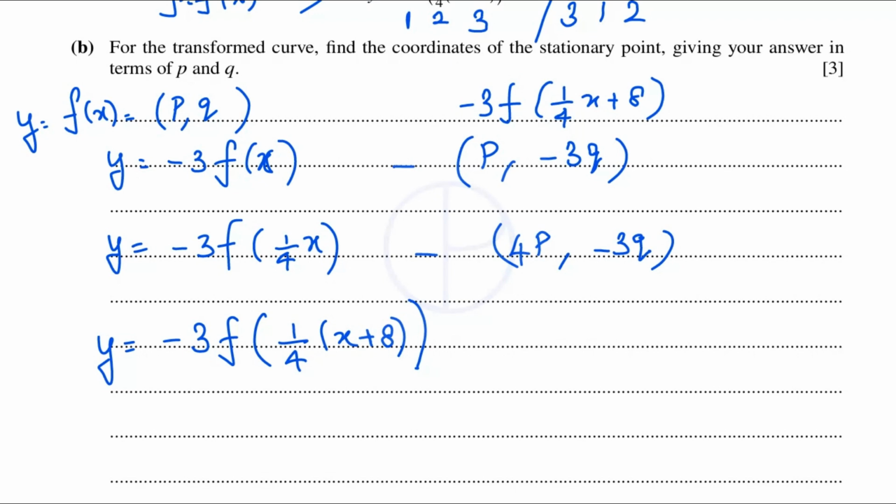That means only the x value gets changed, y value will not change. So 4p minus 8 comma negative 3q. So 4p minus 8 comma negative 3q is the transformed curve's coordinates of the stationary point.